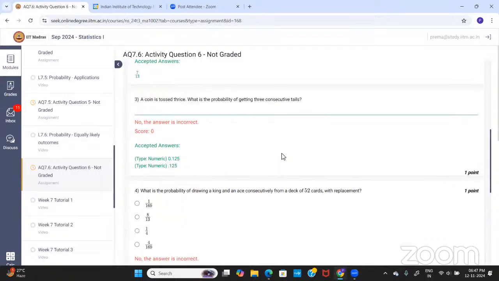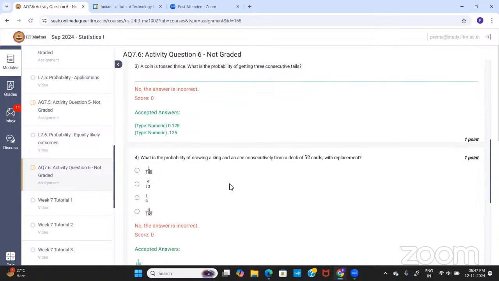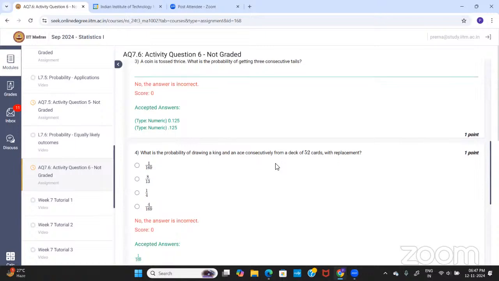The next question is, what is the probability of drawing a king and an ace consecutively from a deck of 52 cards with replacement? Solve it. 4 by 52 times 4 by 52.